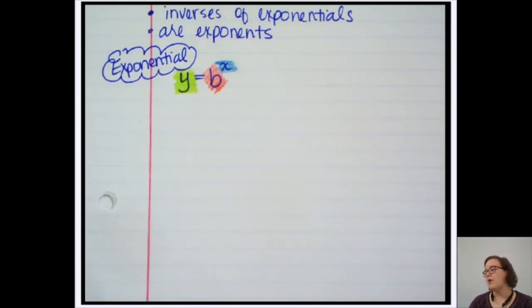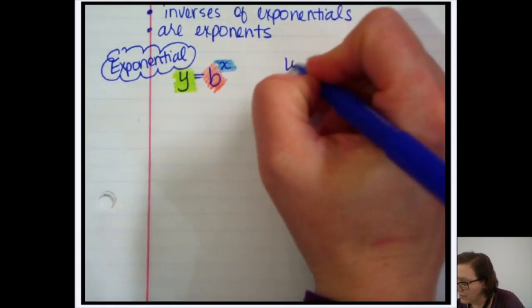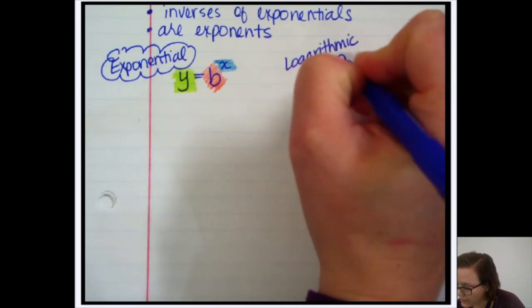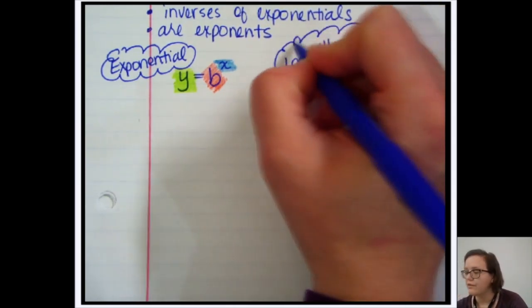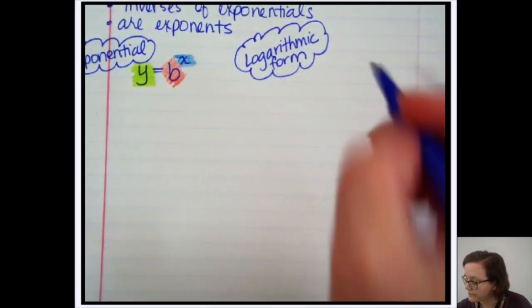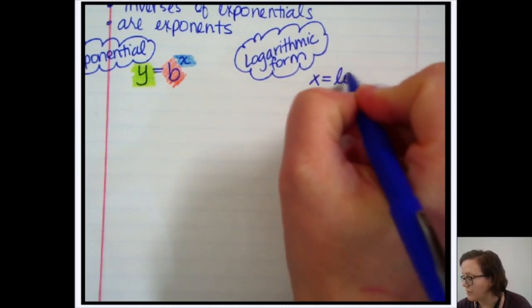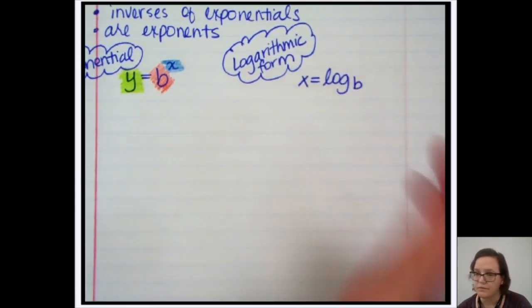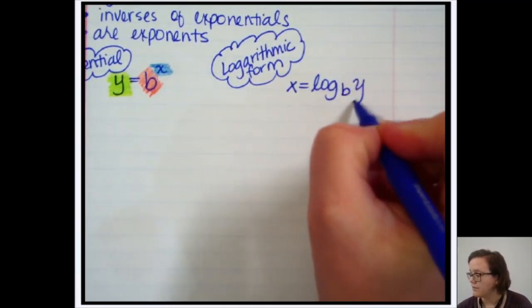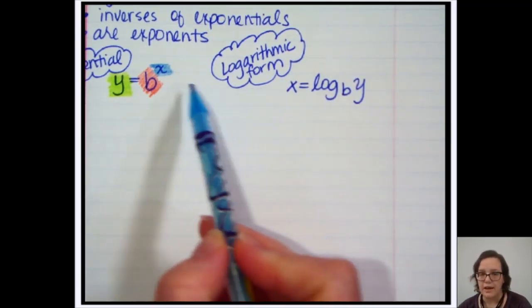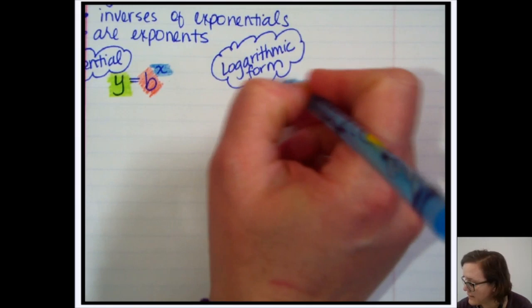Now, when we look at it as a logarithm, in logarithmic form, we rewrite it, and we're concerned about the exponent. So the exponent is equal to, we take the log, that's how we write it, log base b of y. So we have an equivalent logarithmic form, and that's where the x is down here.